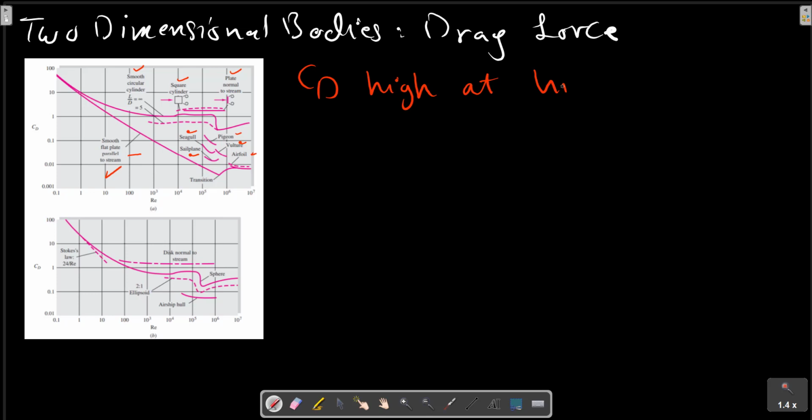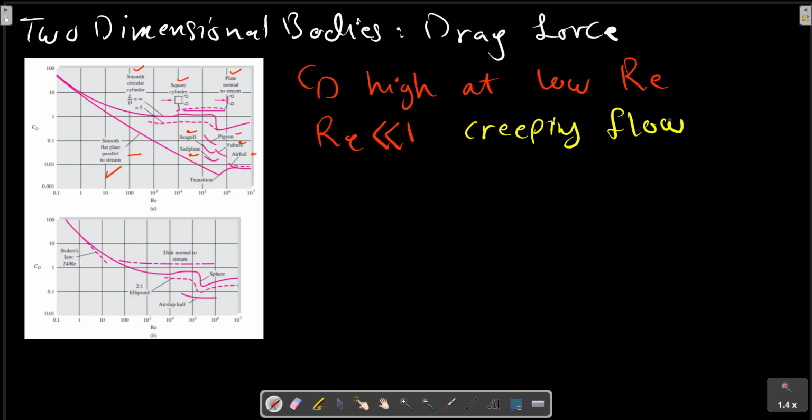At low Reynolds number it is called creeping flow. While they spread apart at high Reynolds number according to the degree of streamlining, all values of drag coefficient in this picture are based on the planform area except the plate normal to the flow.